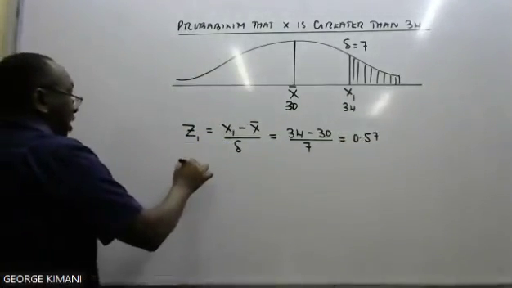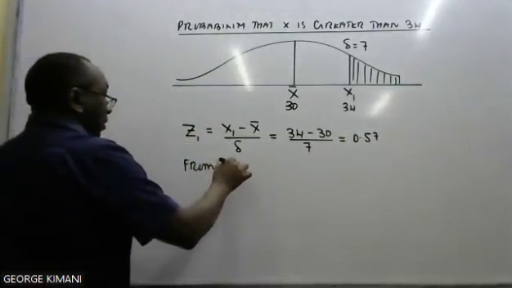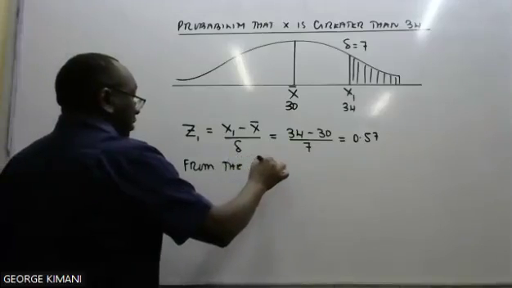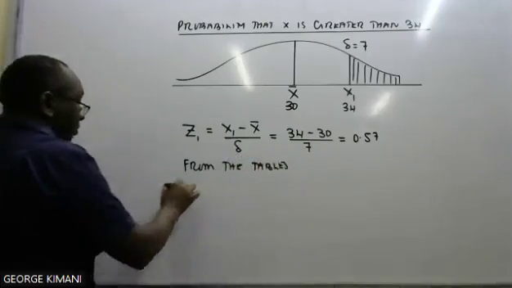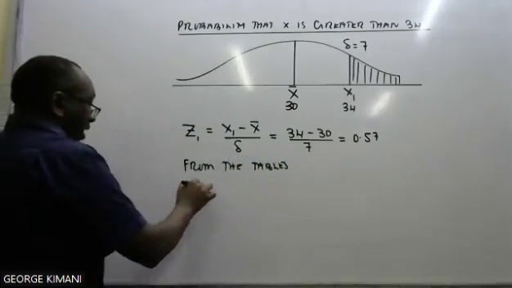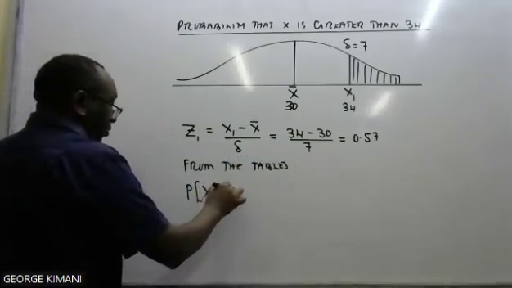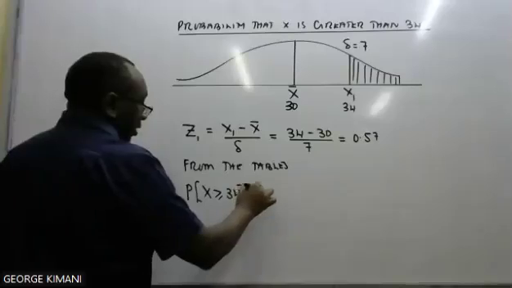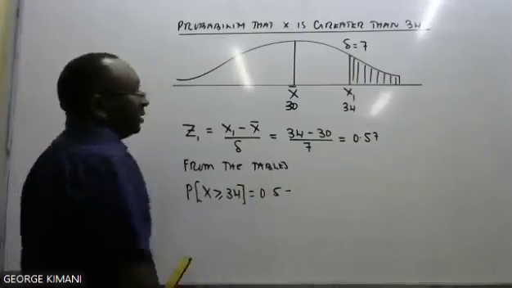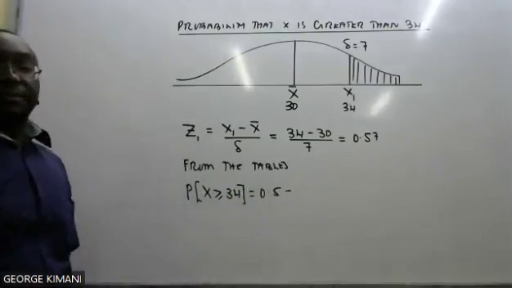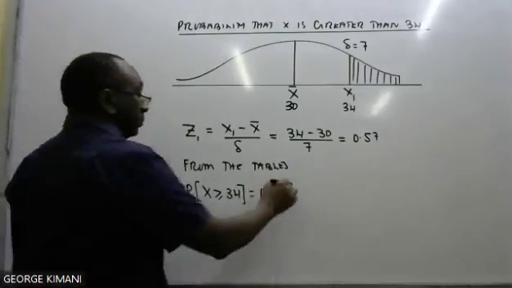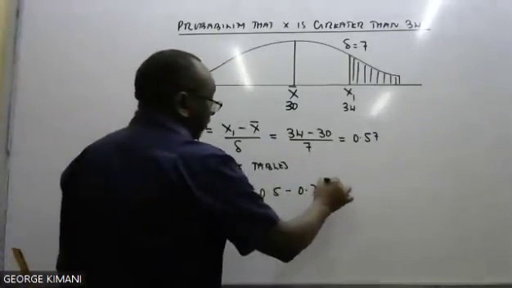So from the tables, my probability that X is greater than or equal to 34 is 0.5 minus, so here at 0.57, 0.2157.